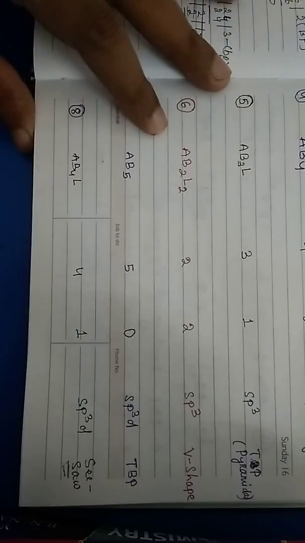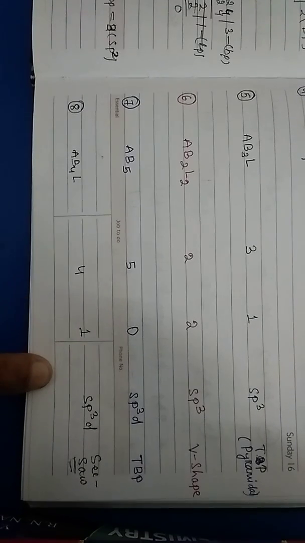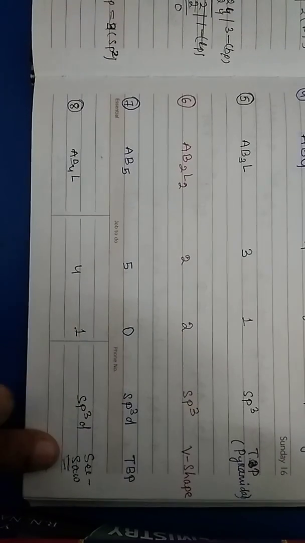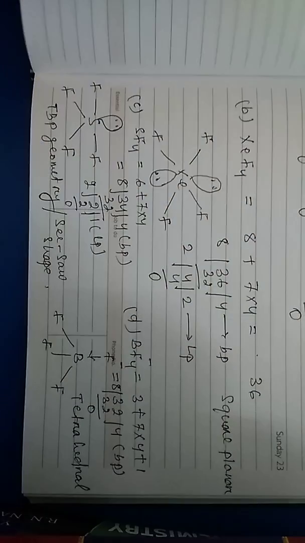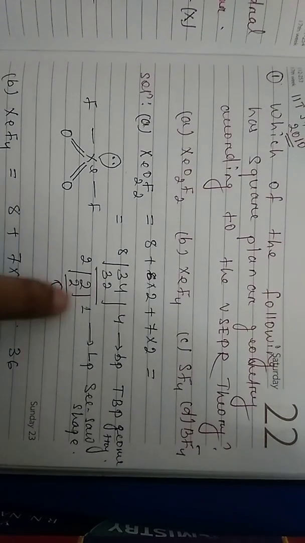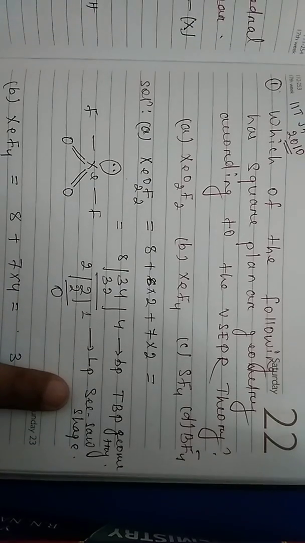AB4L means 4 bond pair electrons and 1 lone pair electron, and the geometry is seesaw. In our question there are 4 bond pair electrons and 1 lone pair electron, so the shape is seesaw.